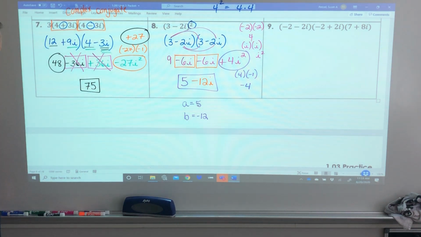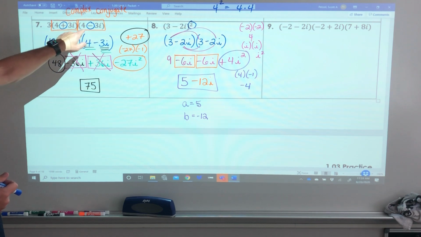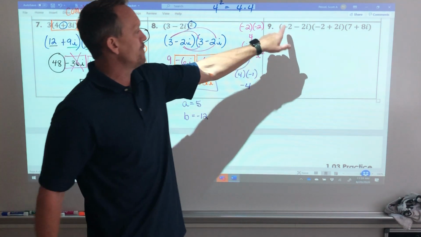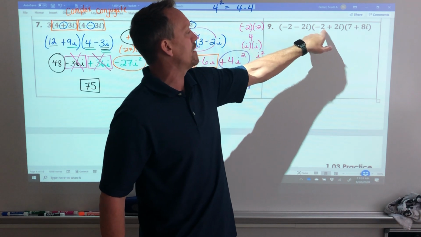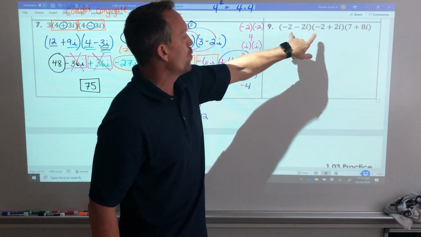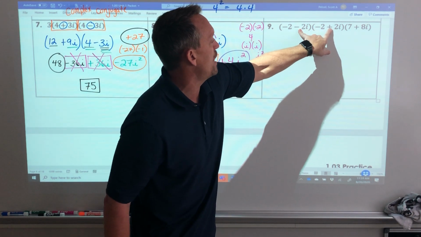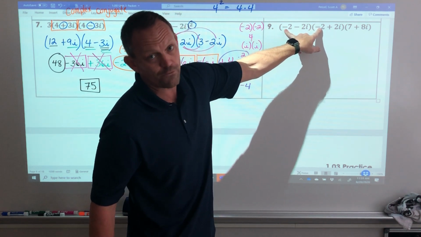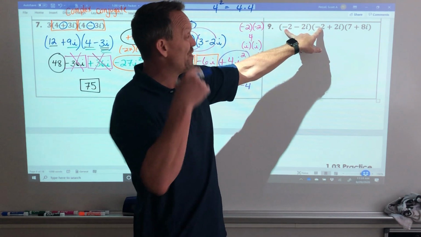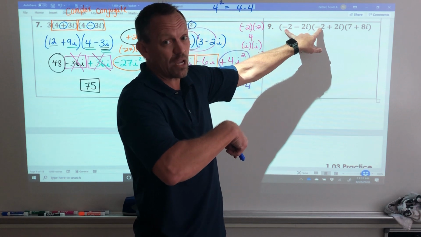The next one's going to be a little bit tricky because there's a whole lot going on. Do you recognize what goes on in number 9? Do you recognize, going back here to complex conjugates, 4 plus 3i, 4 minus 3i. Here I have negative 2 minus 2i, negative 2 plus 2i. So what that is, these two change. The negative 2's out front do not change. The a does not change.